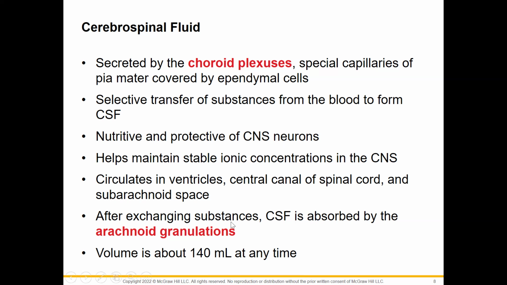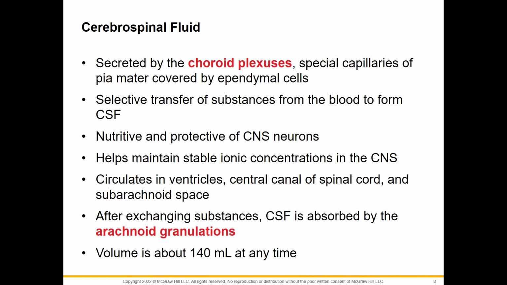After it exchanges substances, the CSF is then absorbed by structures called arachnoid granulations, in order to go back into general circulation so that it can be cleaned up, given more nutrients and cleaned of the waste products so that the ependymal cells can then make more CSF. There's about 140 milliliters of CSF at any given time.